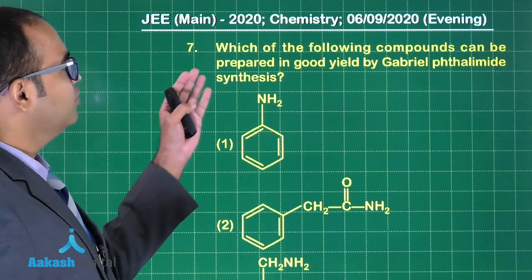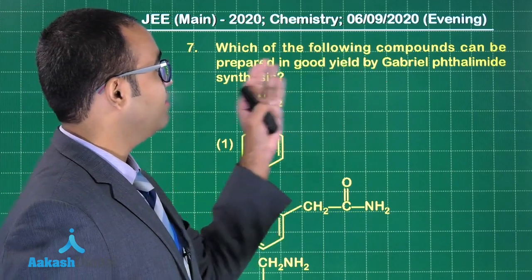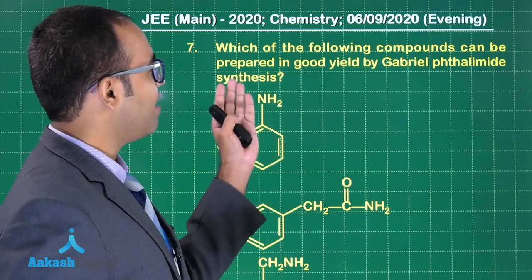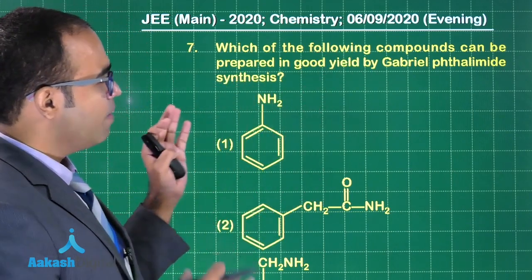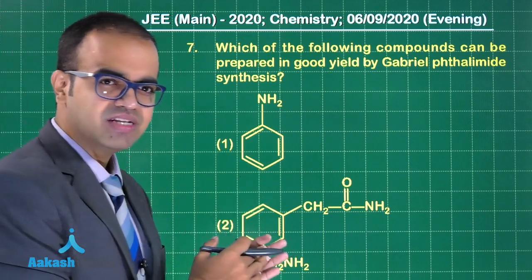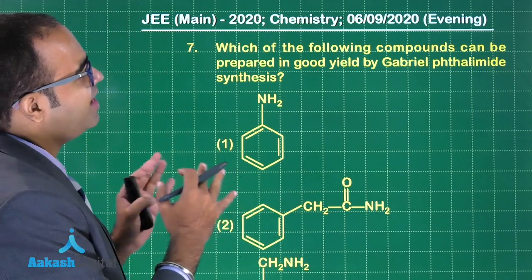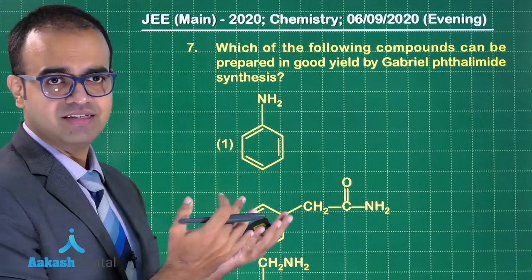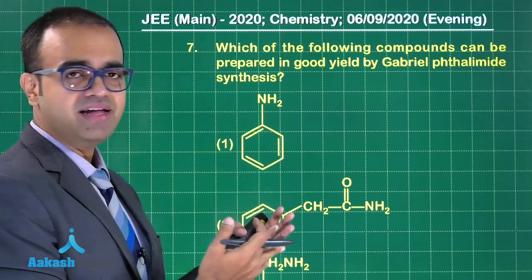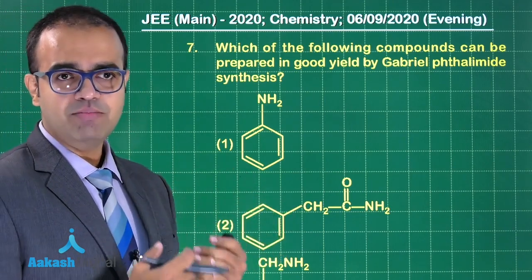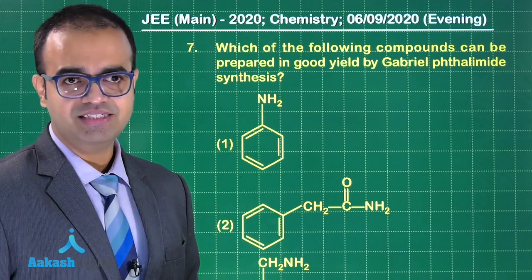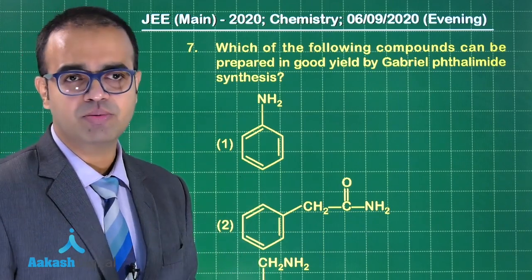Okay, which of the following compounds can be prepared in a good yield by Gabriel phthalimide synthesis? Before looking at the options, do I know Gabriel phthalimide synthesis? Yes. What are we doing there? We are using phthalimide to prepare amines. Okay, and what kind of amines we prepare?